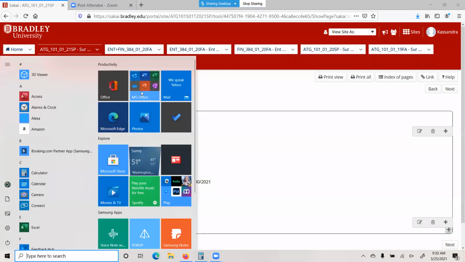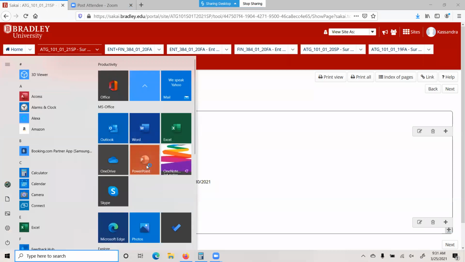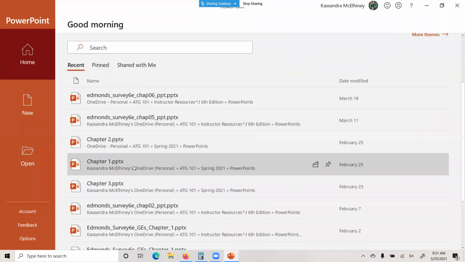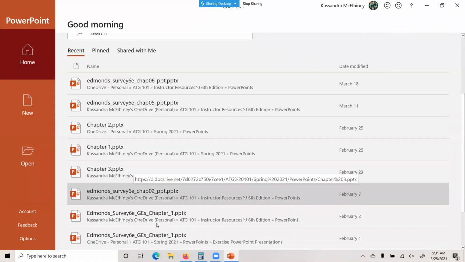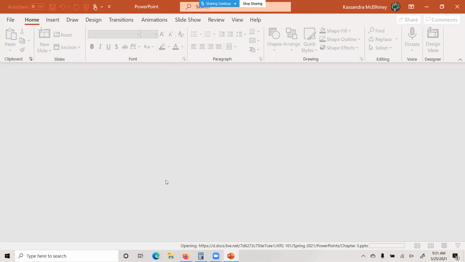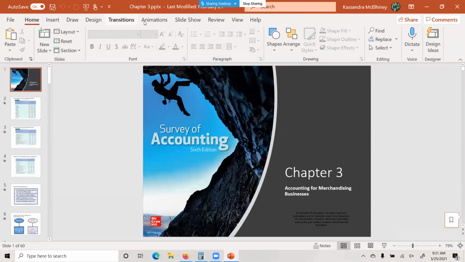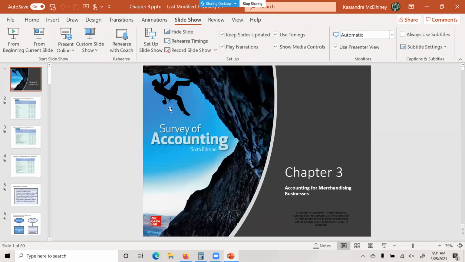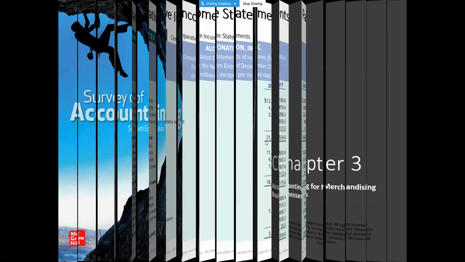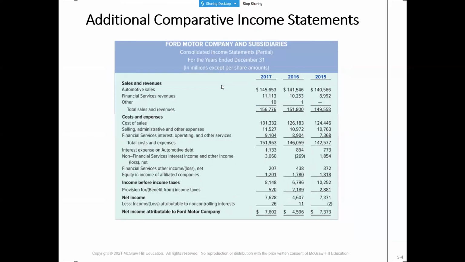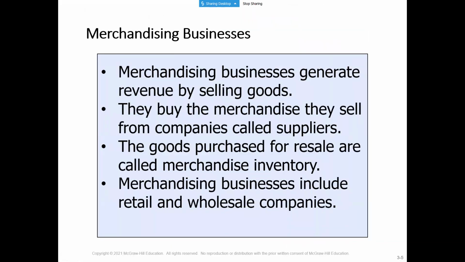So our 3 chapters involved were chapters 3, 5, and 6. We'll just do a very quick run through of our 3 chapters. Our first one was merchandising businesses.